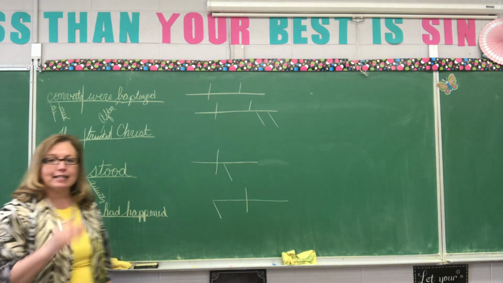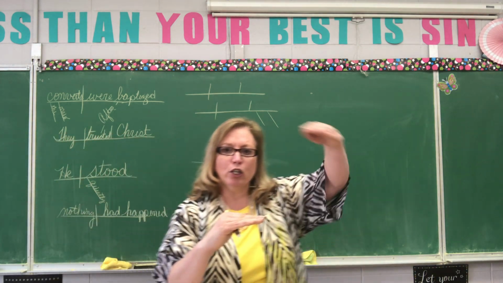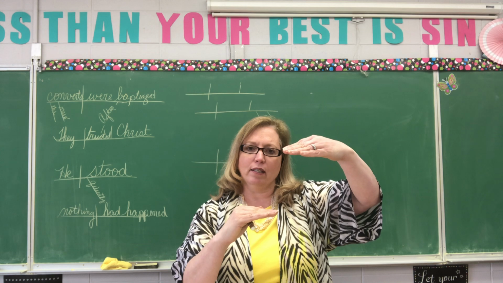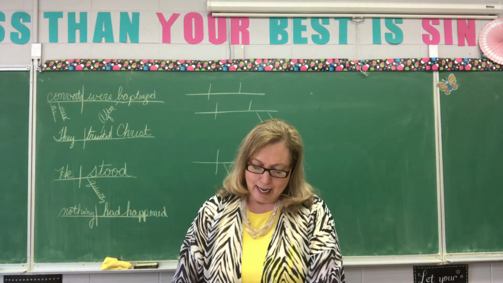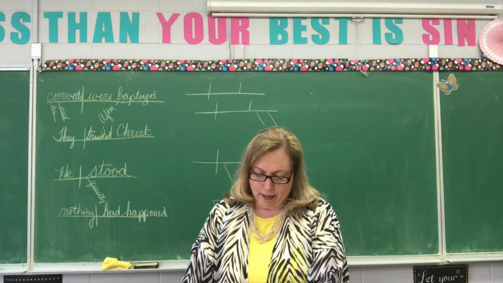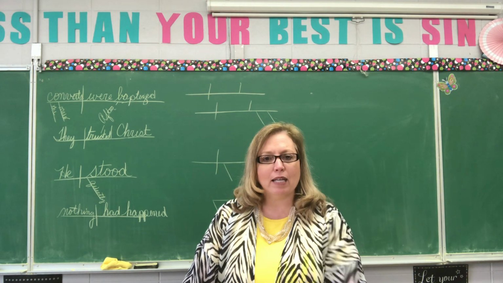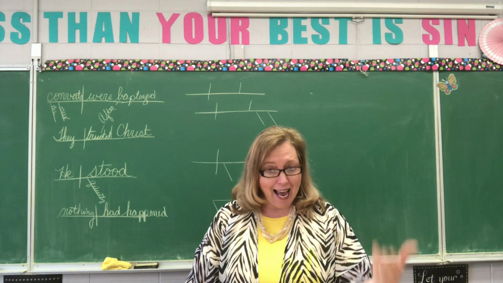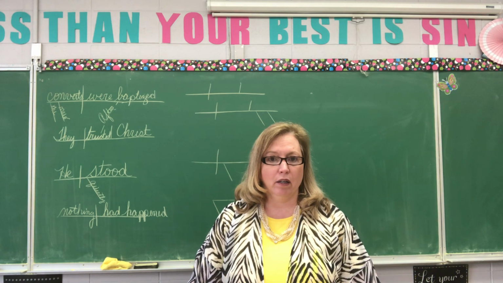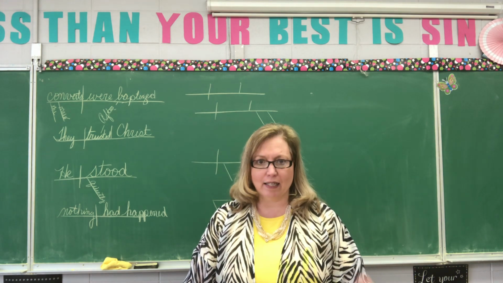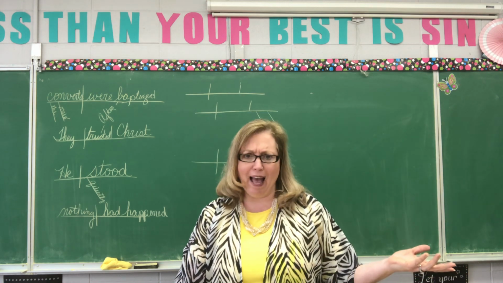I need to connect my dependent clause to my independent clause. Okay, so let's look at our sentence. He stood quietly. Now, what does as if nothing had happened tell me? It tells me how he stood. Okay, how did he stand? He stood as if nothing had happened.